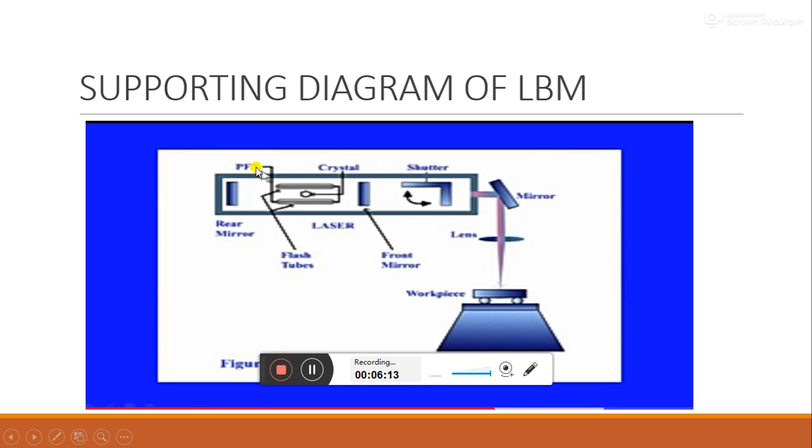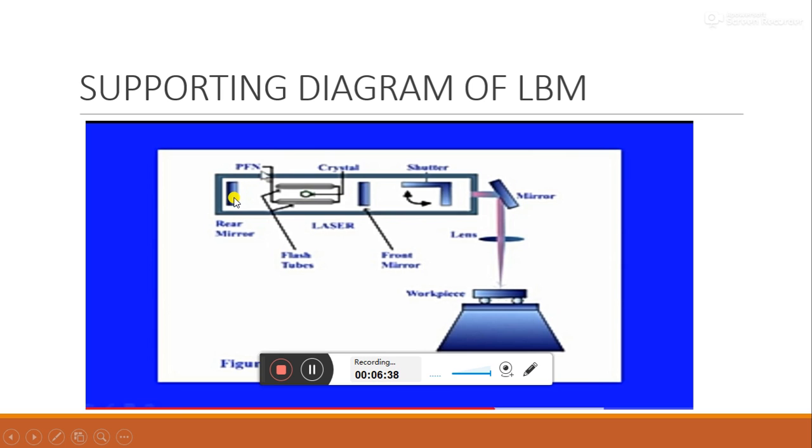Once this is turned off, or reduced, the electron returns from the higher energy level to the lower energy level, and it releases the energy in the form of a laser beam, and it carries photons.